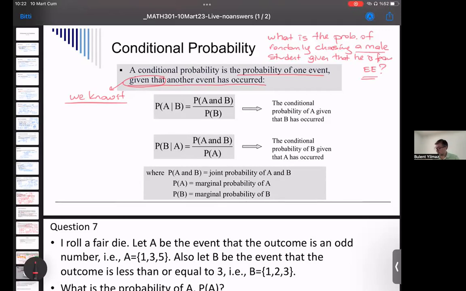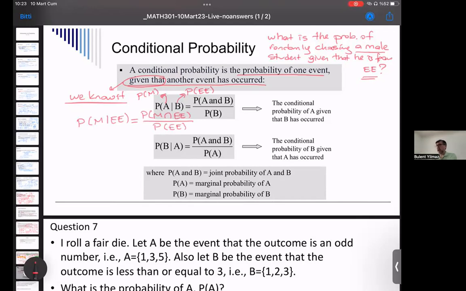Okay. So here, what is B? Probability of obtaining a random person from electrical engineering. What is A? Probability of that person being male. So I say the probability of male given EE will be equal to the probability of a male student being from electrical engineering divided by all electrical engineering students.